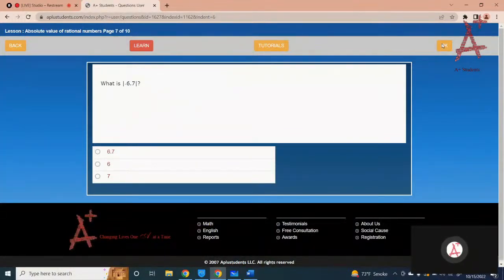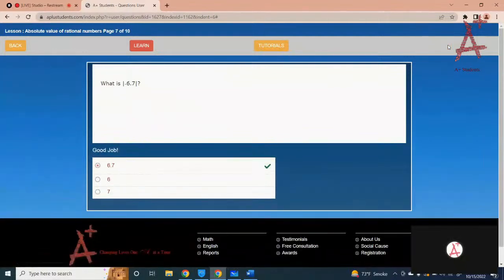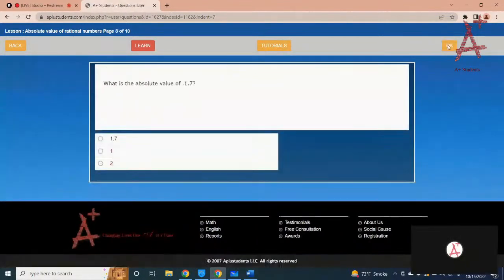What is the absolute value of negative 6.7? It is 6.7. Got it? What is the absolute value of negative 1.7? It is 1.7. Got it?